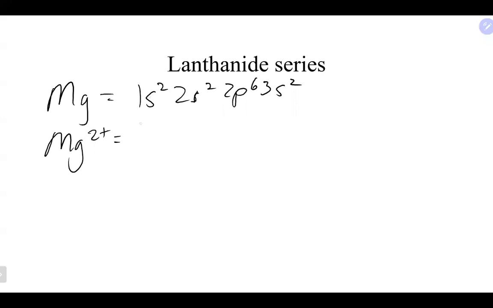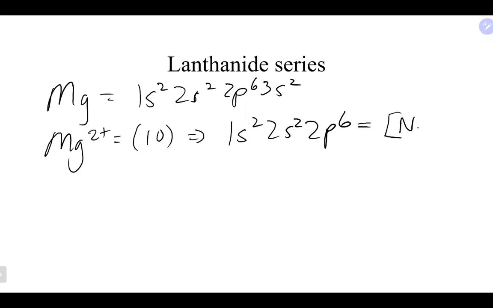It would have 10 electrons in this case, right? +2 means it lost 2 electrons. So its configuration would be 1s2, 2s2, 2p6. And that is 10 electrons, which is whose configuration on the periodic table? It is neon's configuration. So magnesium, when it loses its 2 electrons, will end up at neon's configuration.